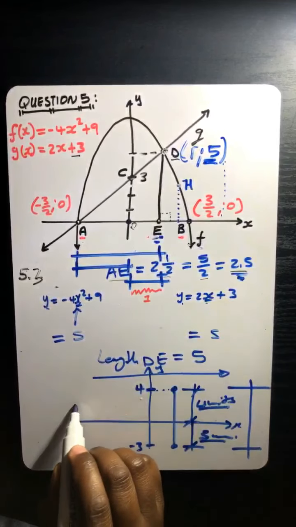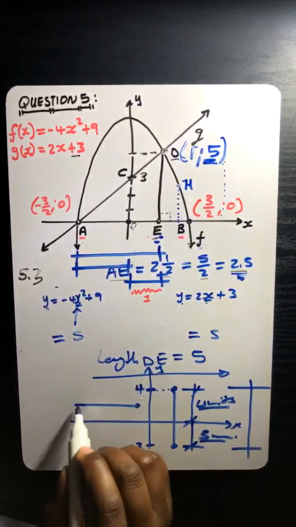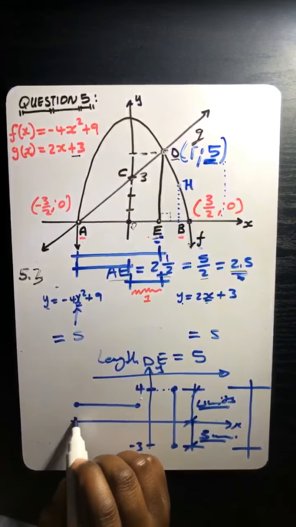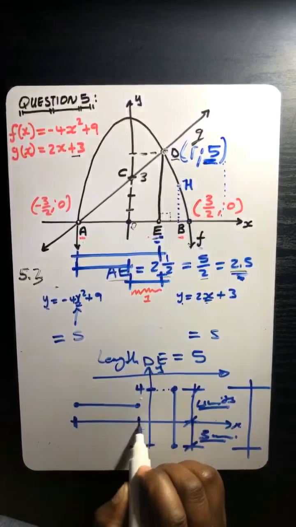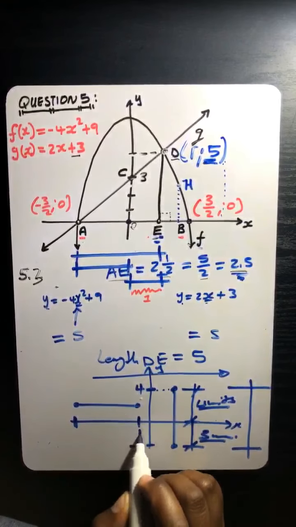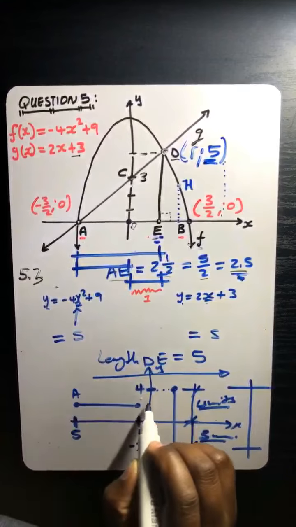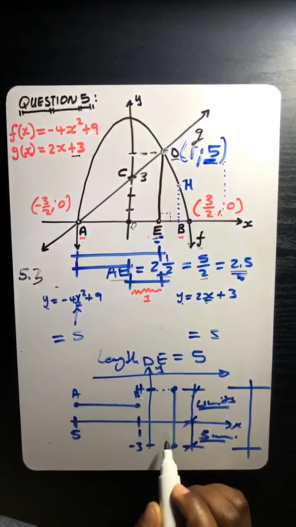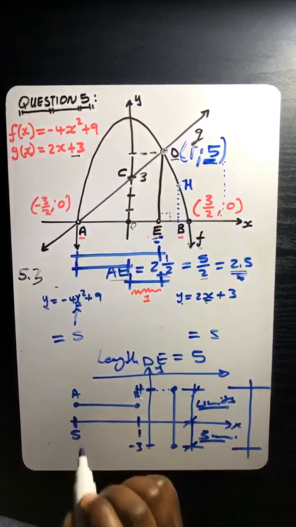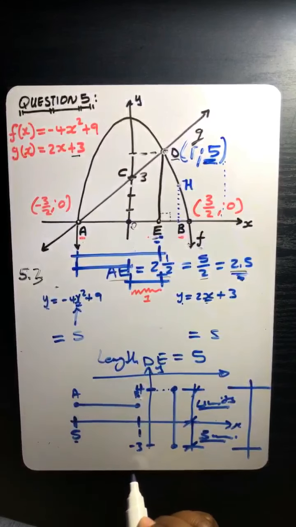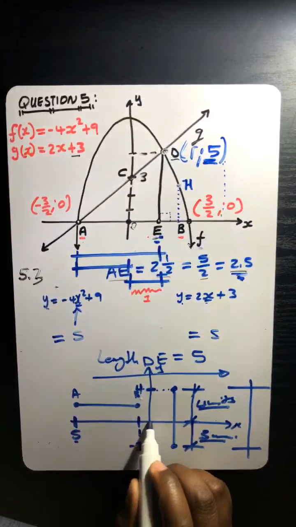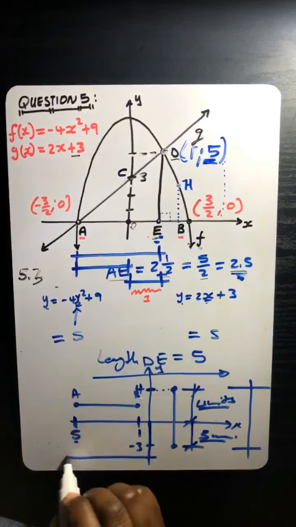Also, if you have a line similar to that, in this case, you just calculate this x value and that x value. Let's say this is 1 and this is 5. So this is point A, this is point B. Someone is going to say from there to there is 5, which is wrong, because 5 is from the origin all the way up to there.